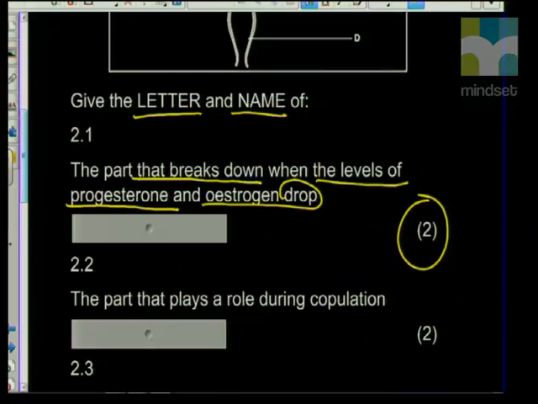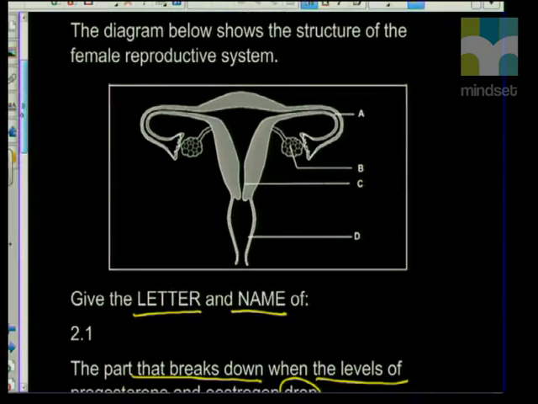Now, let's see. What does it say? What part actually breaks down? Now, can you remember that you get this thing called the endometrium wall? And if I can draw it in, it's here. Right, it's right on the side of this. There it is. Now what that yellow part does is the embryo embeds in there and it stays there and then it becomes the baby.